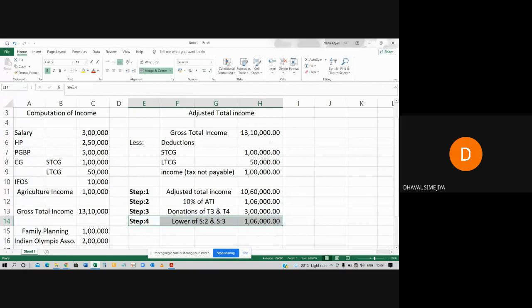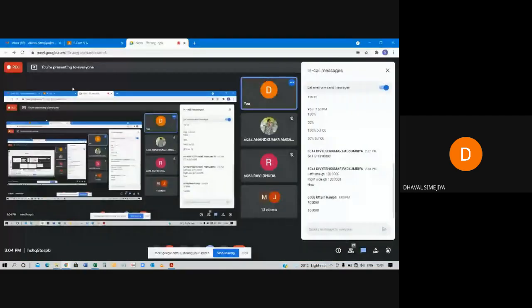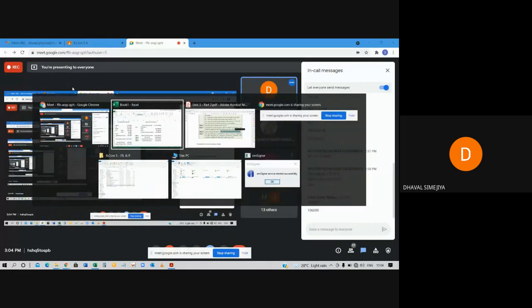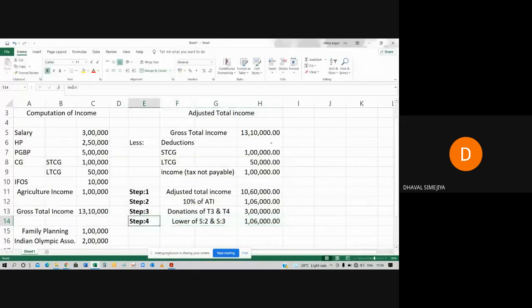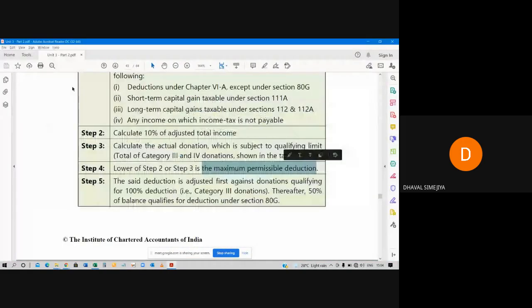It means now, yes, 1 lakh 6,000. It means that is the maximum permissible deduction available. Maximum permissible deduction available is 1 lakh 6,000 rupees.